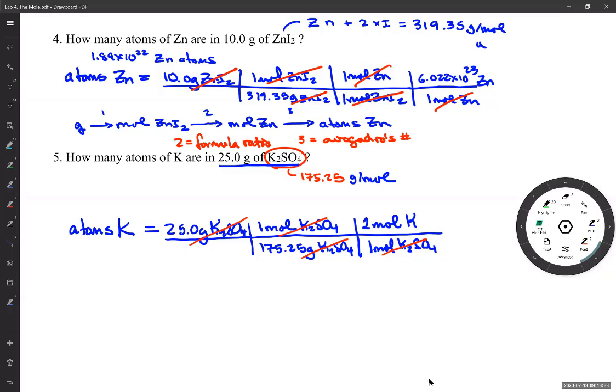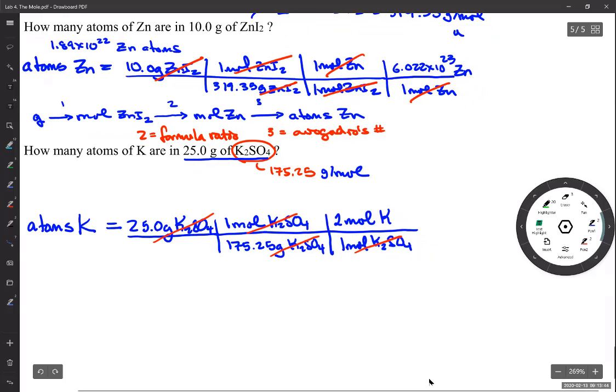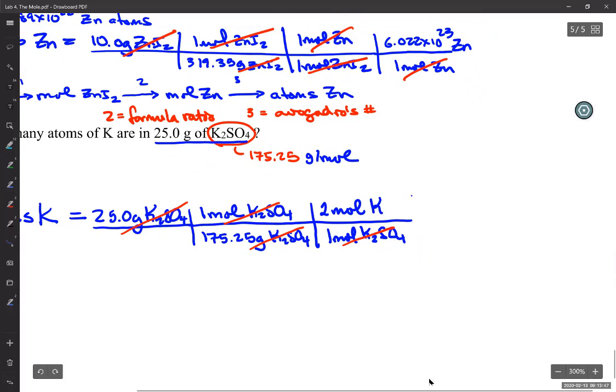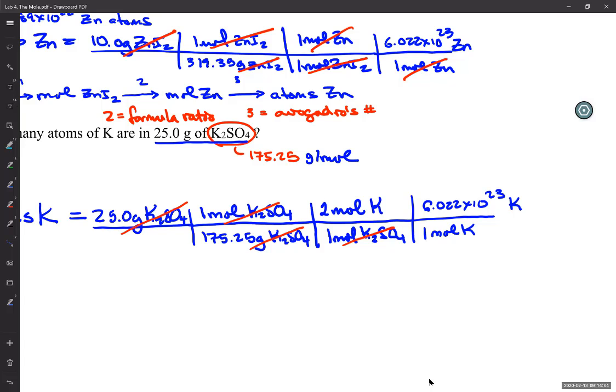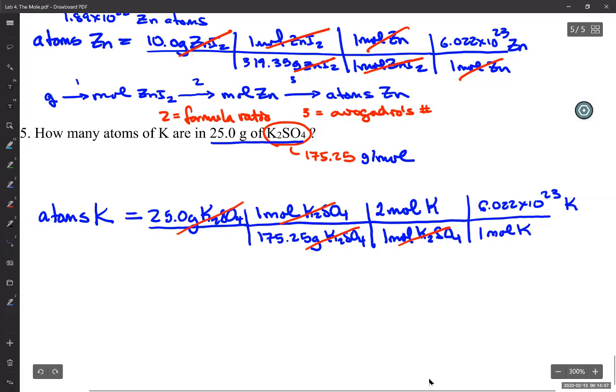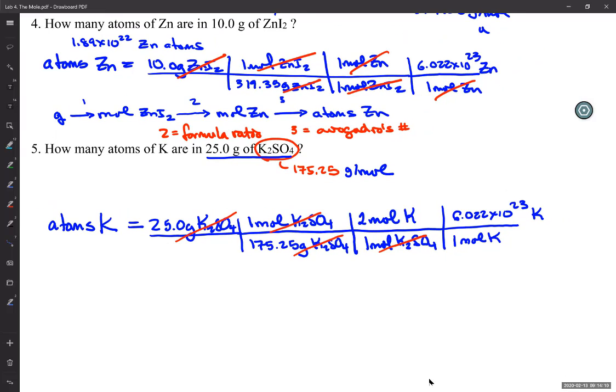The last step is to go from moles to the actual number, so it's always Avogadro's number. 1 mole of potassium is 6.022 times 10 to the 23rd potassiums. I usually just write K because writing atom every time takes up space. If I don't put anything else with it, that's the number of those units. And then this cancels.